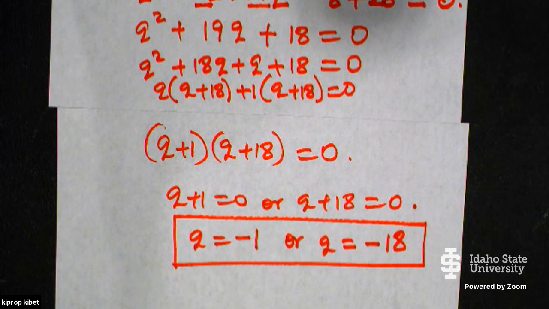So you should expect something like this in your exams. Okay? So make sure you learn all those stages of solving that equation. All right, we have another example here.